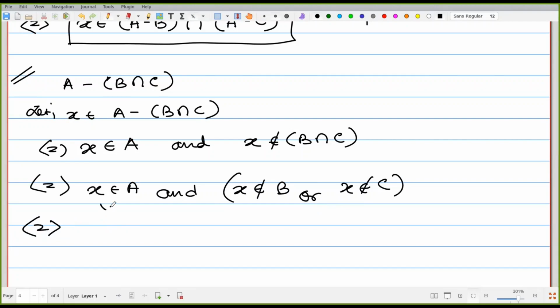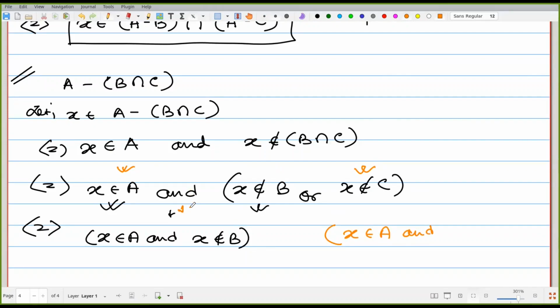Now distribution: first one, in between AND, so x belongs to A and x does not belong to B. Second one, so x belongs to A and x does not belong to C. And that OR must be here.